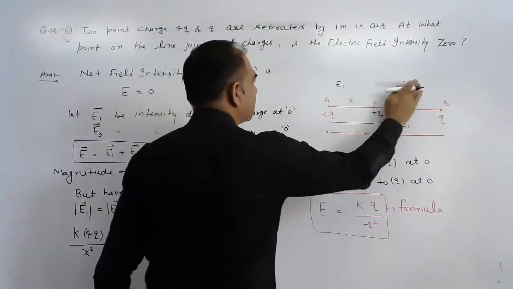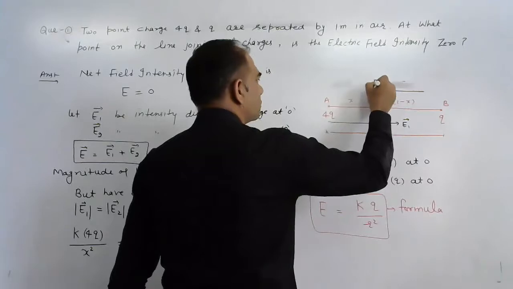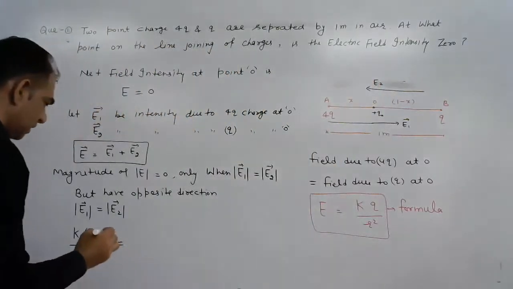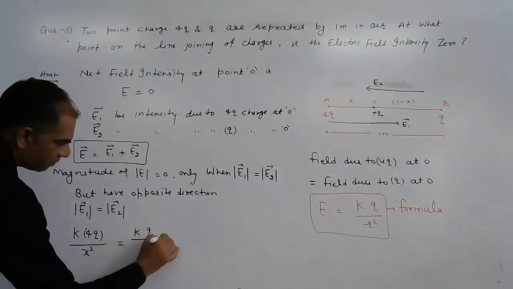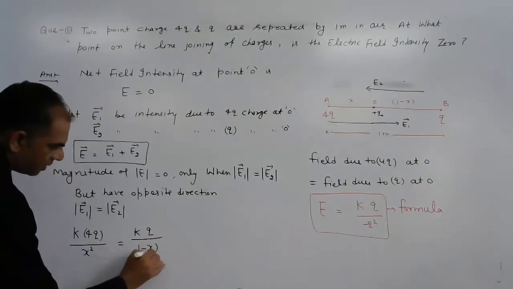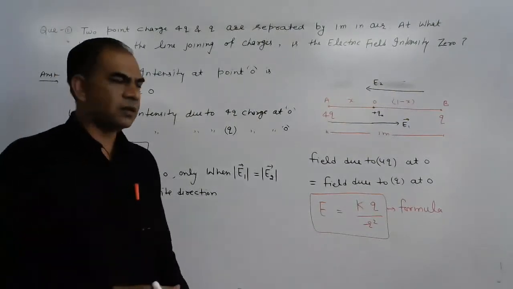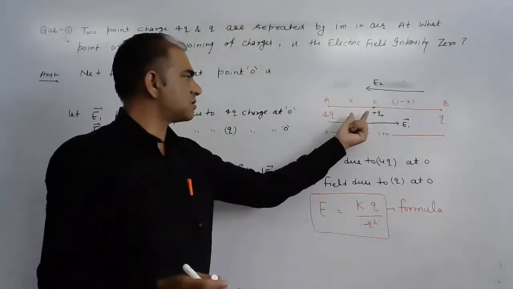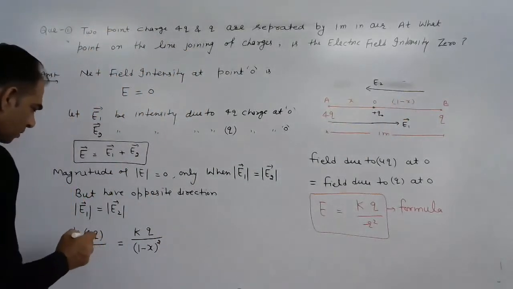And now we find the electric field intensity due to this charge in this direction, E2. The value of E2 is equal to k, which remains constant, and charge is Q, divided by the distance (1 minus x) squared, because the total distance is 1 meter. If this is x distance, then the remaining distance is 1 minus x.